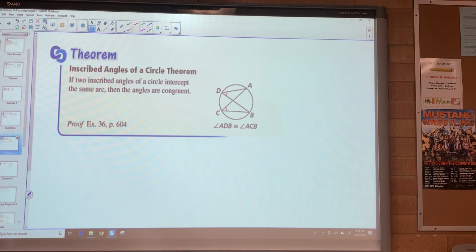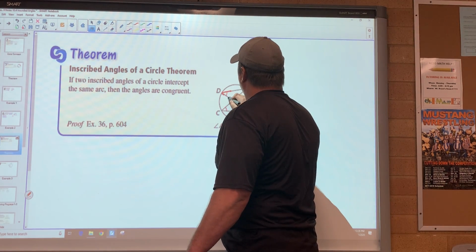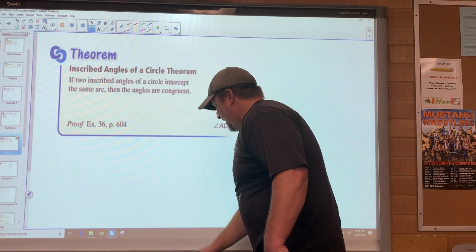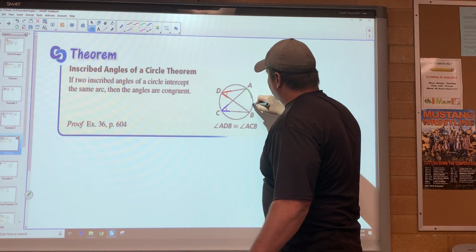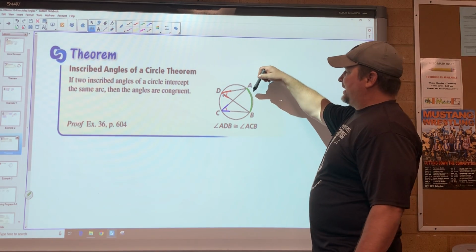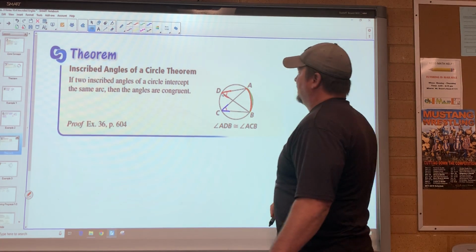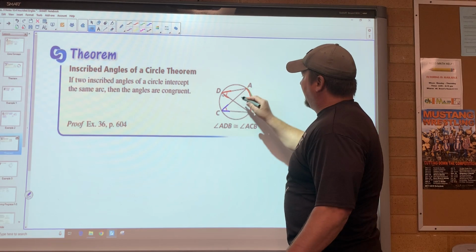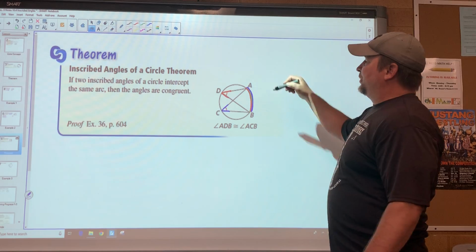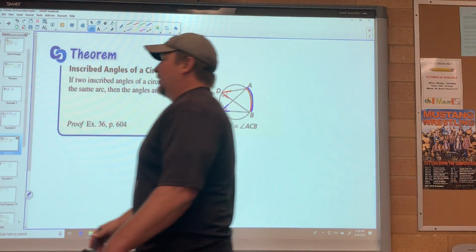Basically, if I have one angle and another angle and they both are creating the exact same arc, this angle in red creates the red arc, and the blue angle creates the blue arc. Notice the blue and the red are on the green and they're both the exact same, then they have to be congruent. And that's a law, it's a rule.